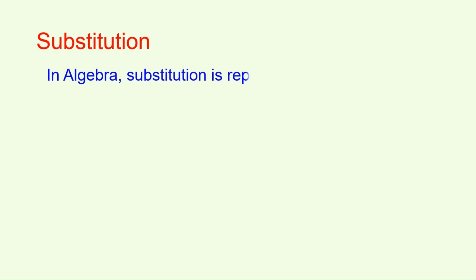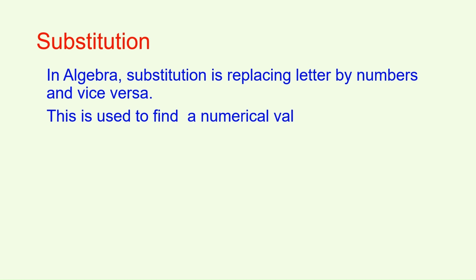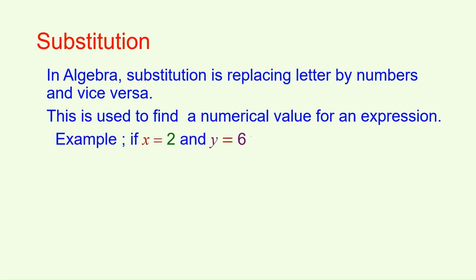The substitution. In algebra, substitution is replacing letters by numbers, and vice versa. This is used to find a numerical value for the expression. Example: if x equals 2 and y equals 6, find the value of 3x, which is 3 times 2 equals 6.